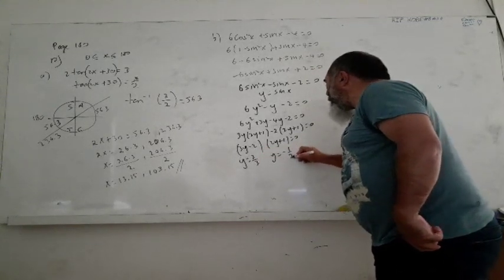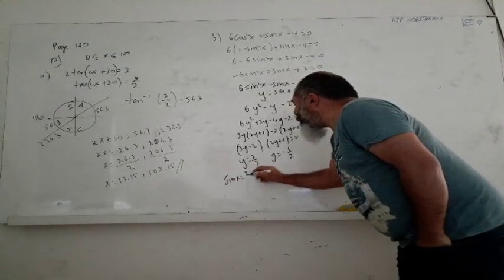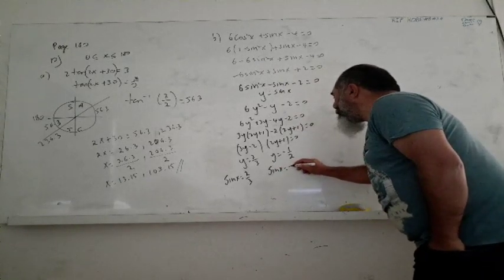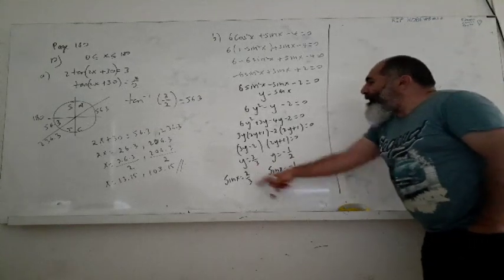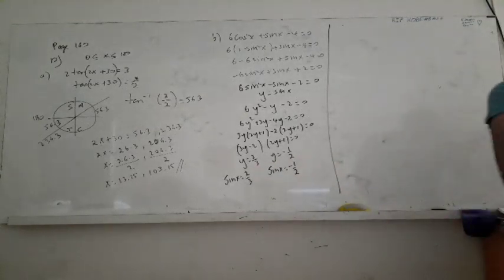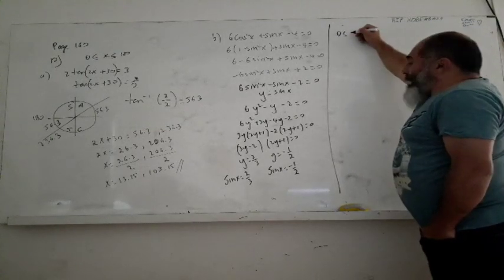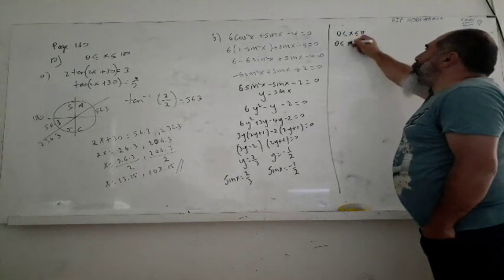That means sine x is equal to 2 over 3 and sine x is equal to minus 1 over 2. Let's solve these two. And the range is from 0 to pi. So the range is actually between 0 and 180.